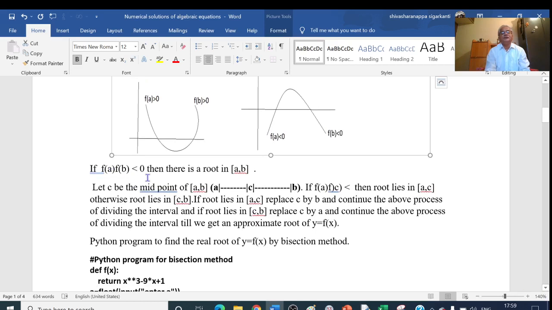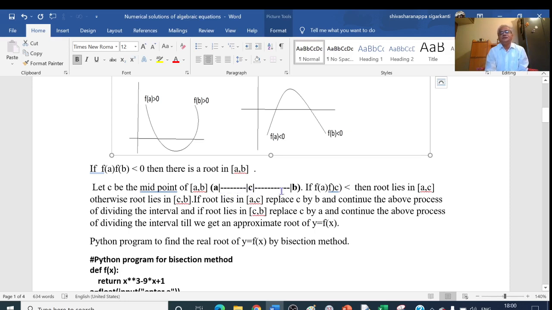Suppose f of a into f of b is less than 0, then there is a root in AB. Let's see with the midpoint of AB. This is our A, this is our B, C is the midpoint. If f of a into f of c is less than 0, then the root lies in AC. Then what we do here is we replace B by C, and then we consider the fresh interval AB.